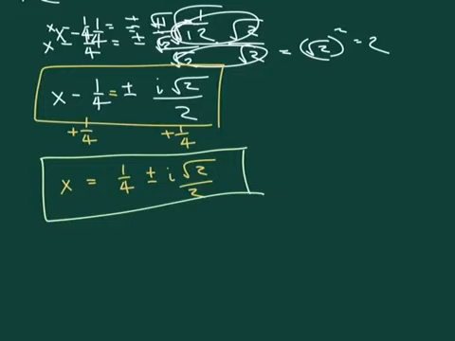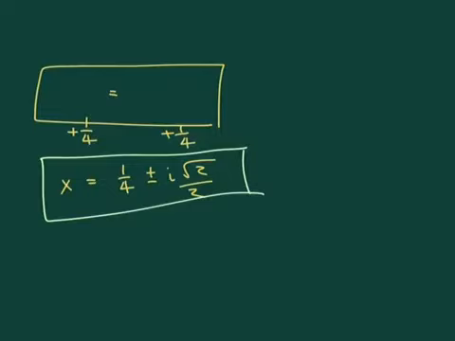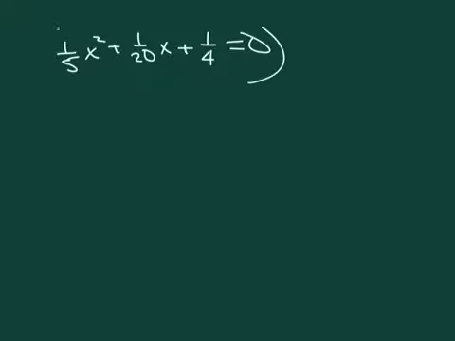When you get up into ones like 34, notice the whole thing is, well, I know it's not the correct term, but I call it fractionated. Don't tell your other math teachers, don't use that phrase, because there's no such thing, but it works for me. 1/5 x squared plus 1/20 x plus 1/4 equals 0. There is an equal sign there, so that means I can multiply this whole thing by the least common denominator, which in this case is 20.